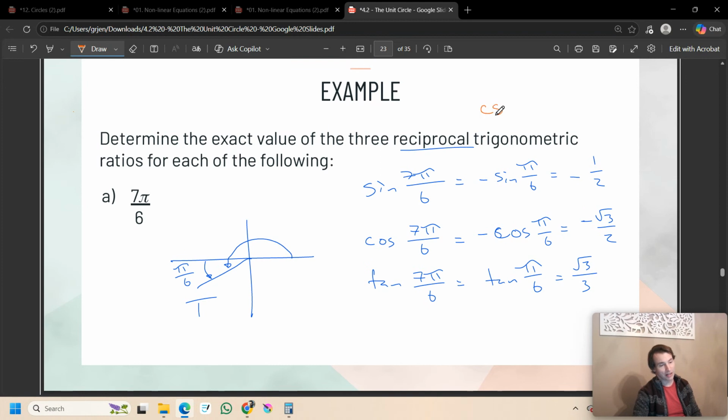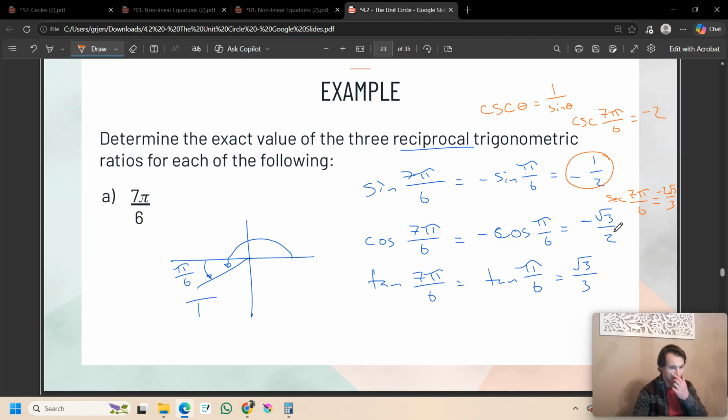So cosecant of theta is equal to 1 on sine theta. So that is to say I can just do this, and cosecant 7 pi on 6 is equal to negative 2. Secant is flipped cosine, so secant 7 pi on 6 is equal to minus 2 root 3 on 3.